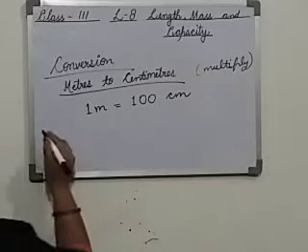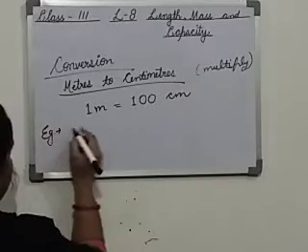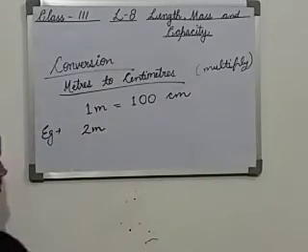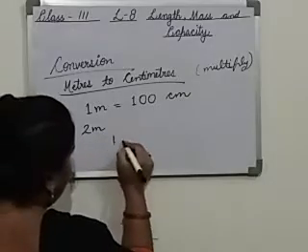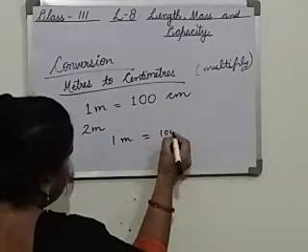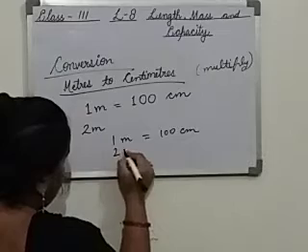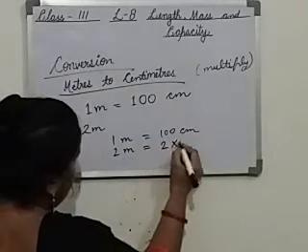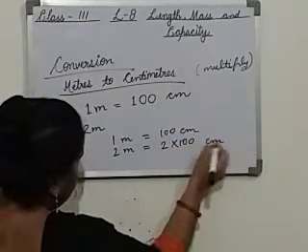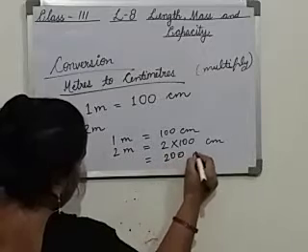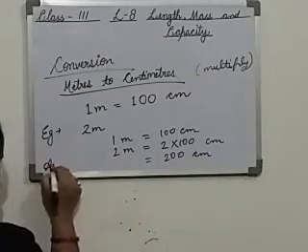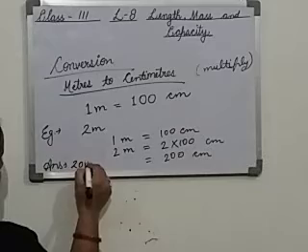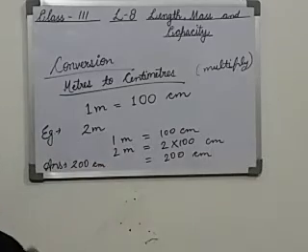Now suppose, for example, we have to change 2 meter into centimeter, so how will we do it? We write 1 meter equals 100 centimeter. 2 meter equals 2 multiply 100 centimeter equals 200 centimeter. Your answer is 200 centimeter.